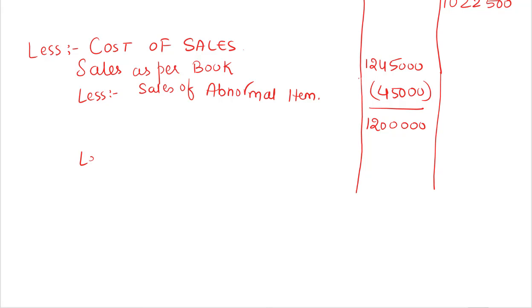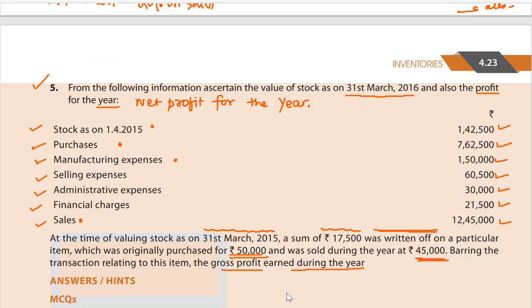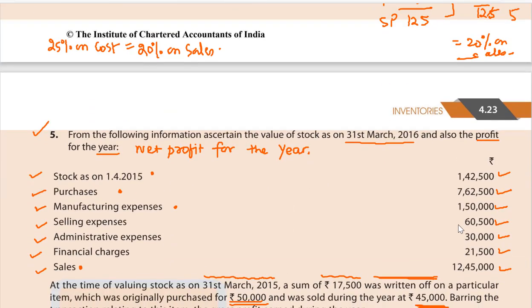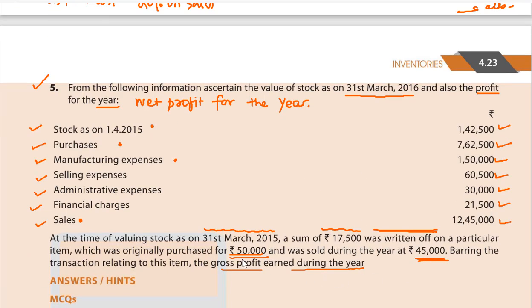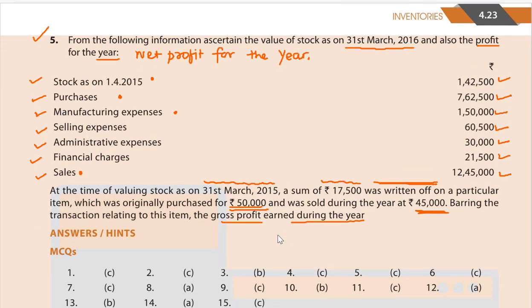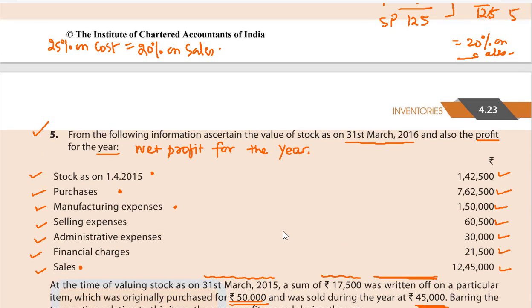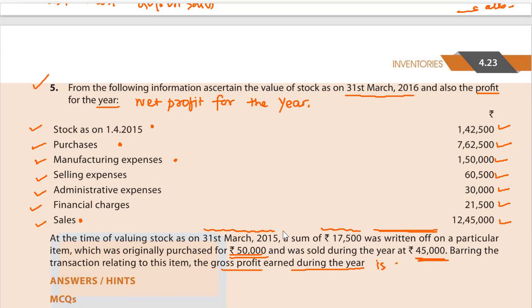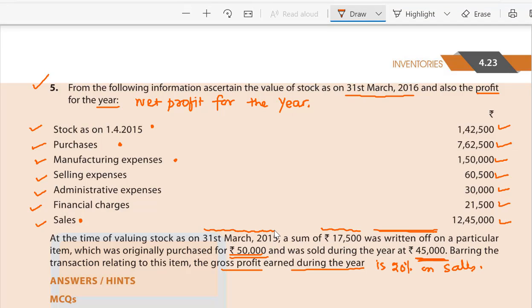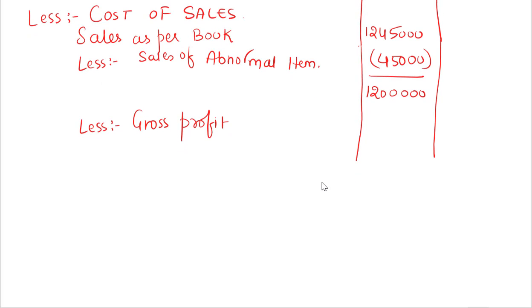Less gross profit out of it. Sales minus gross profit equal to cost of sales. Gross profit. Just write over here, gross profit earned during the year is 20% on sales.